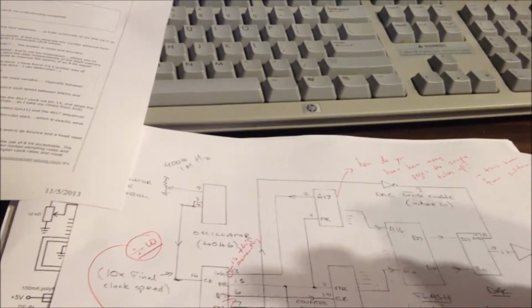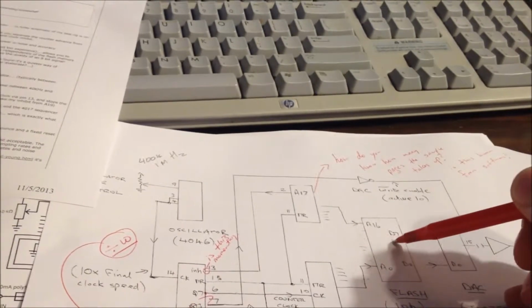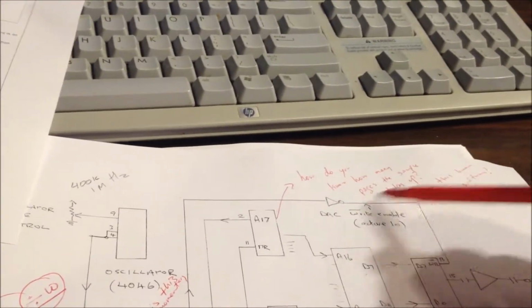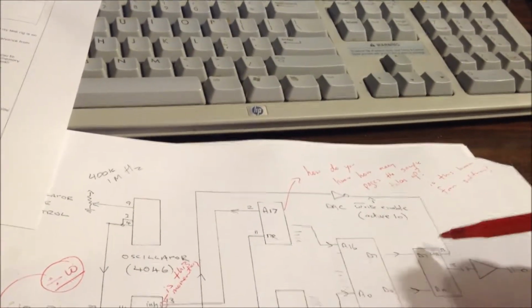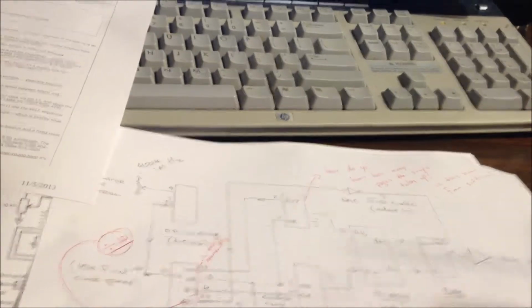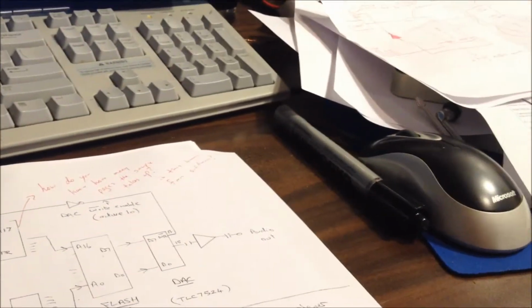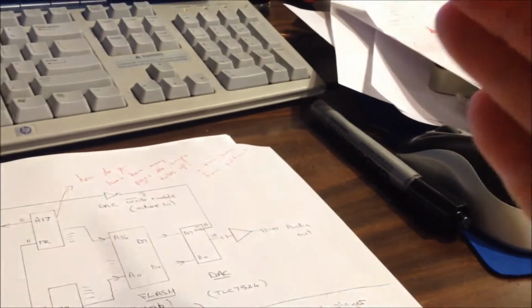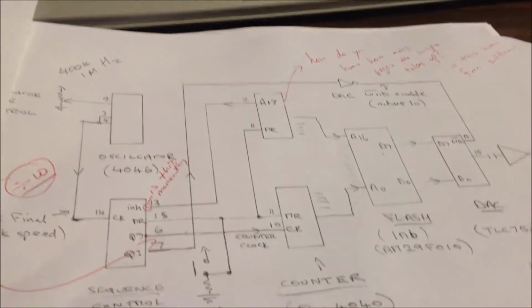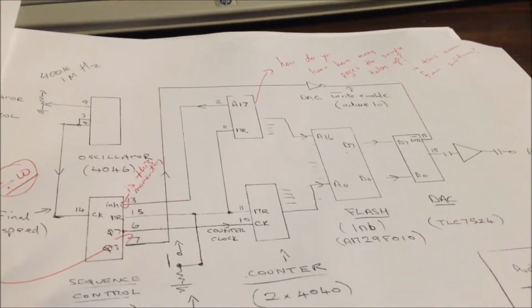Now, my question for you is, how do I know how many pages the sample takes up in the memory? For instance, how do I know how far the counter needs to count to play the whole sample? Do you know what I mean?